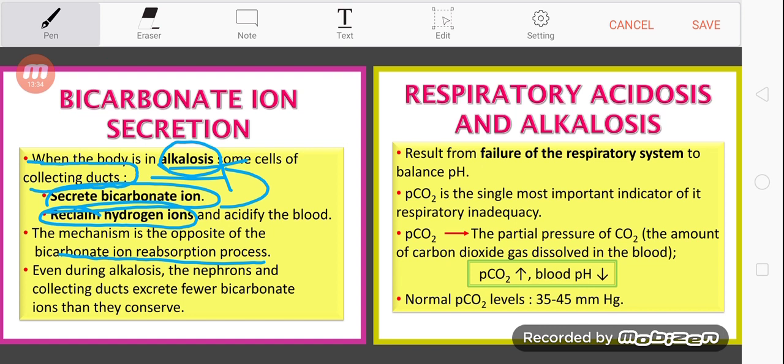Okay, that's how the renal mechanism maintains the acid-base balance of our body, by reabsorption of bicarbonate ion and excretion of hydrogen ion, or bicarbonate secretion.